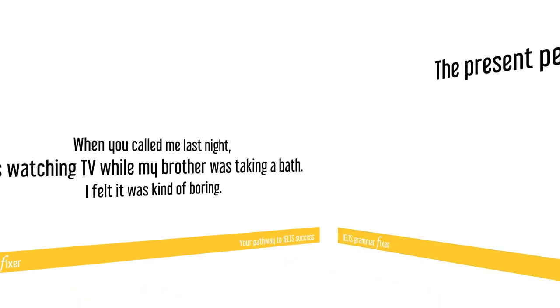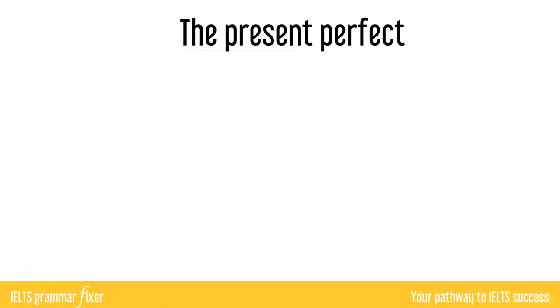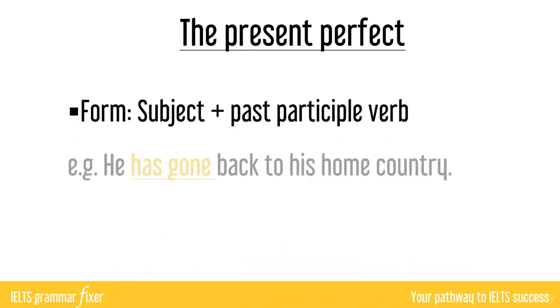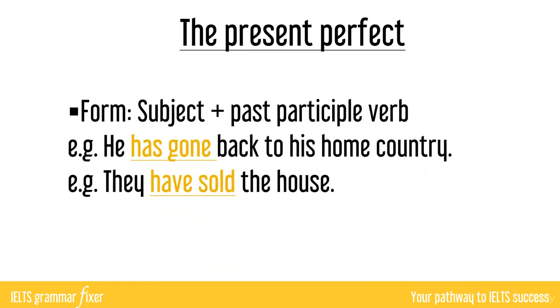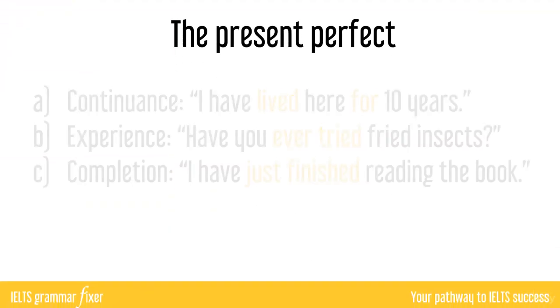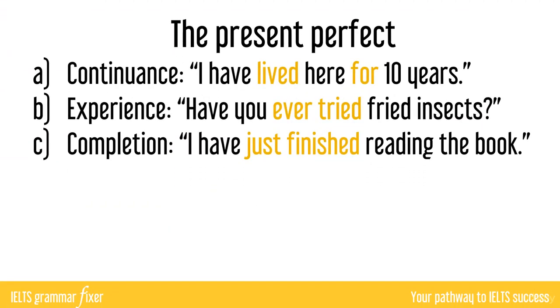Lastly, the present perfect tense needs have and a verb in the past participle. The present perfect can be used to indicate continuance, experience, and completion, depending on what verbs you use and what phrases are used with.